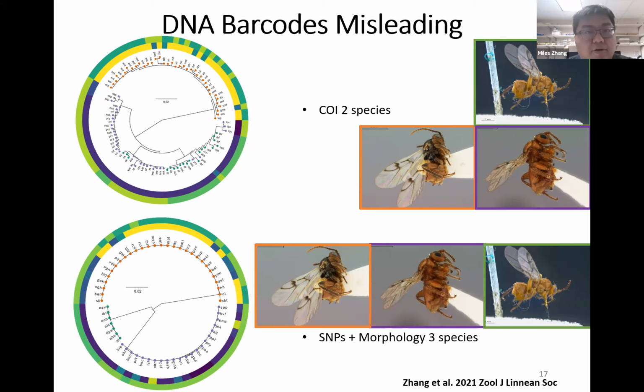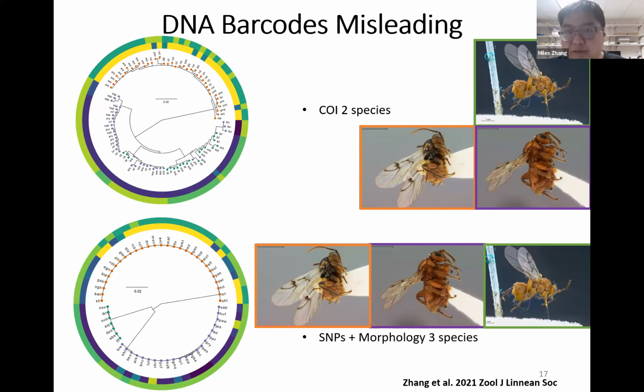In these cases, it's called mitonuclear discordance. For whatever reason, it could be that these genes are evolving at different rates. So CO1 is just not very good at distinguishing these species. This has been recorded in Europe as well in the early days. In fact, they don't use CO1 at all for cynipids, at least the oak cynipids.